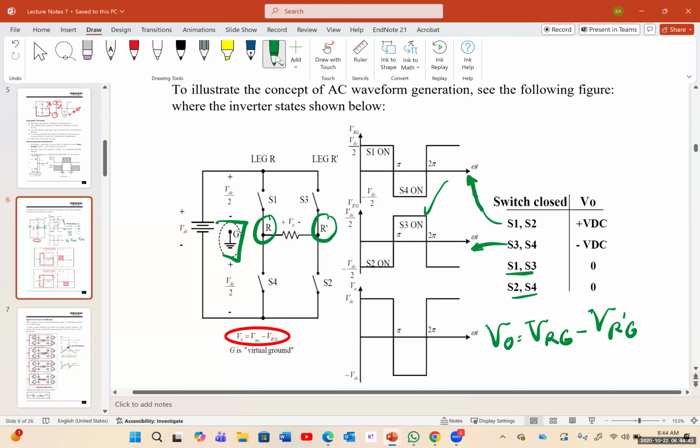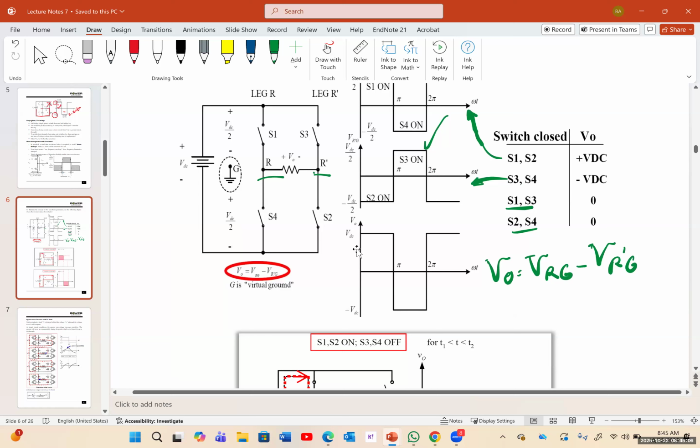And G is our virtual ground. So it's the voltage between this and the virtual ground, and R prime and the virtual ground. So V output is actually oscillating between maximum VDC and negative VDC.